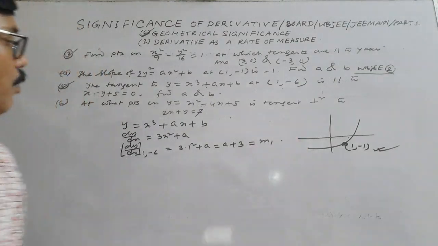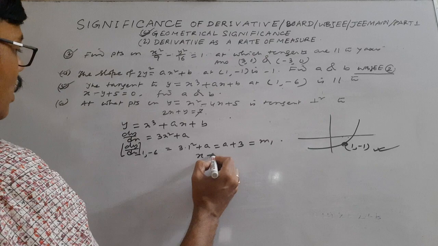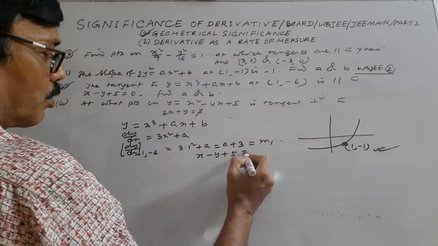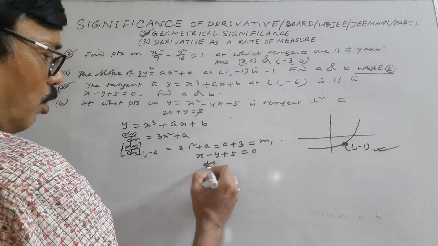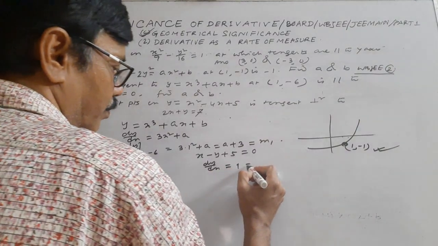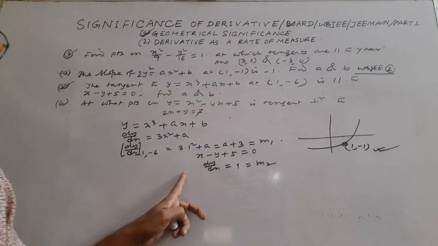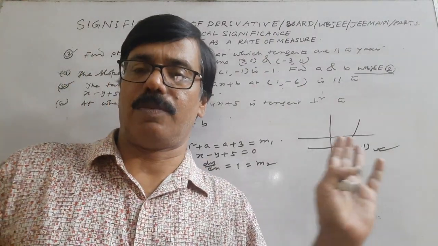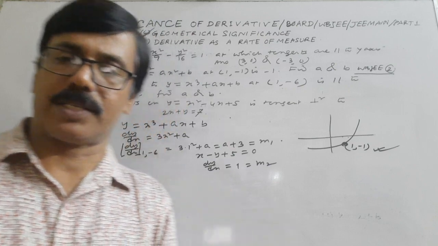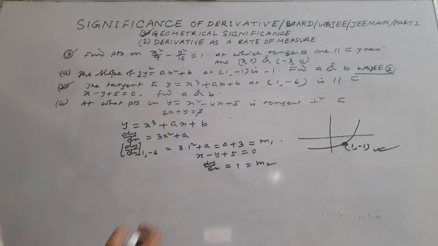Suppose this is m1. Now the second line is x minus y plus 5 equals 0. Writing it in the form y equals mx plus c, where m represents slope, the slope is 1, equals m2.